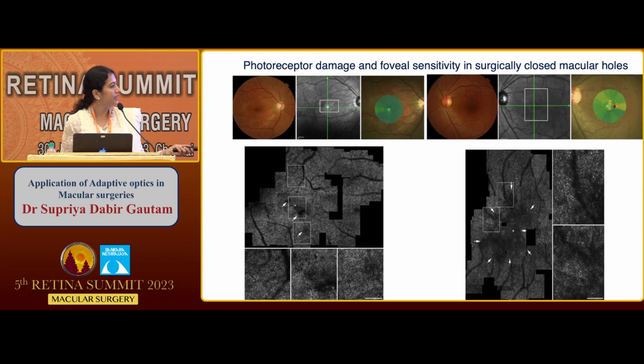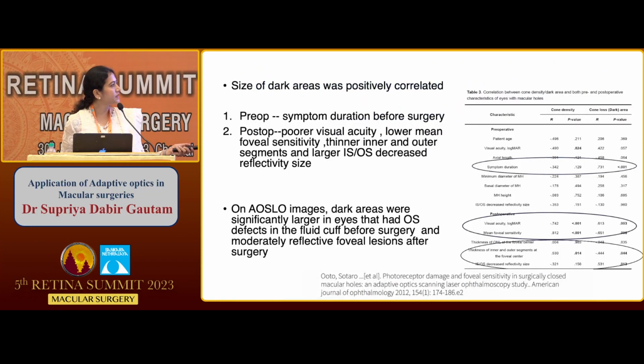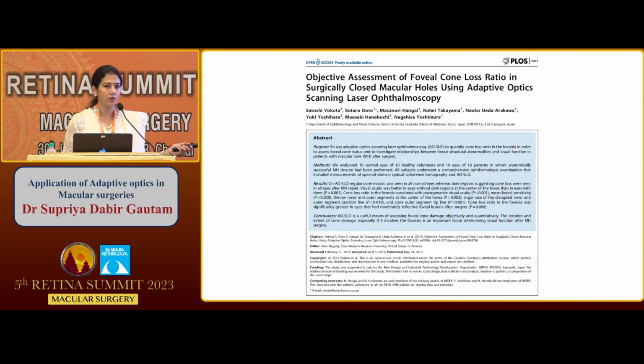They found some dark areas also here. These dark areas correlated preoperatively with longer symptom duration, and postoperatively with low visual acuity, lower foveal sensitivity, thinner inner and outer segment layers, and larger decreased reflectivity size. They also found defects in the fluid cuff of the outer segments before surgery, and these moderately reflective areas were basically the glial tissue, which is remodeled to close the hole.